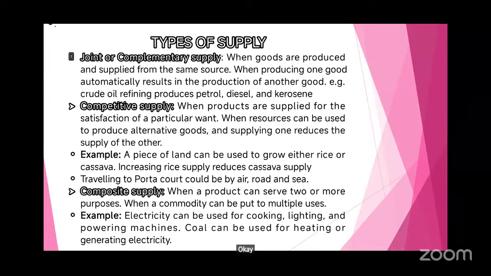Okay, so that means that once you choose one, then you are indirectly reducing the supply of the other.